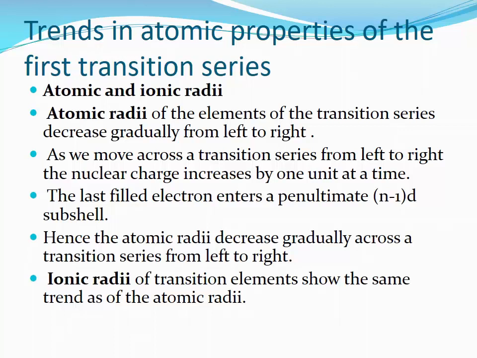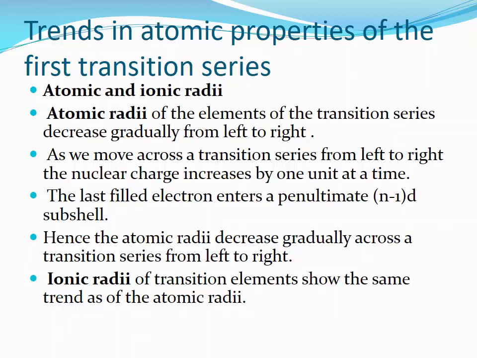As the atomic number increases, one proton is added into the nucleus and one electron is added in the same valence orbit, and thus nuclear charge goes on increasing from left to right in the periods with increase in atomic number.